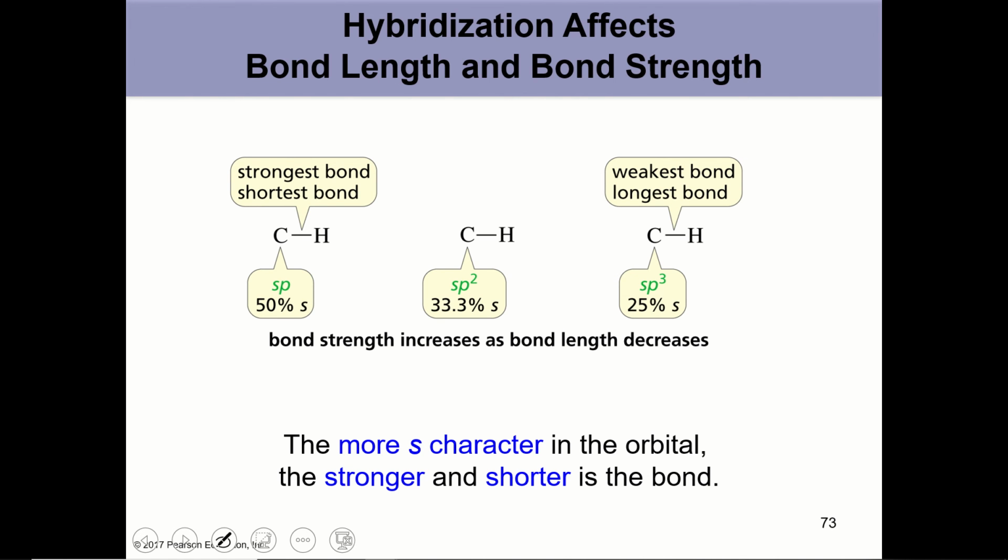Make sure that this makes sense to you. Higher amount of S, then you have a stronger and shorter bond.